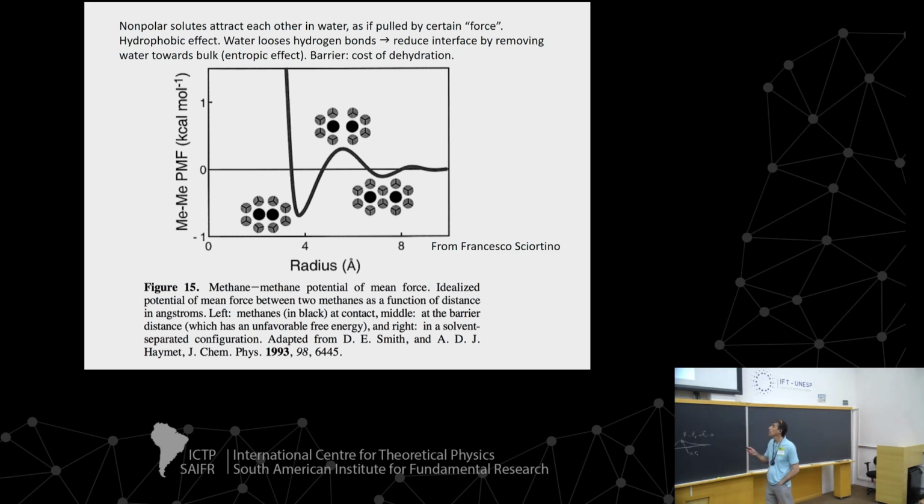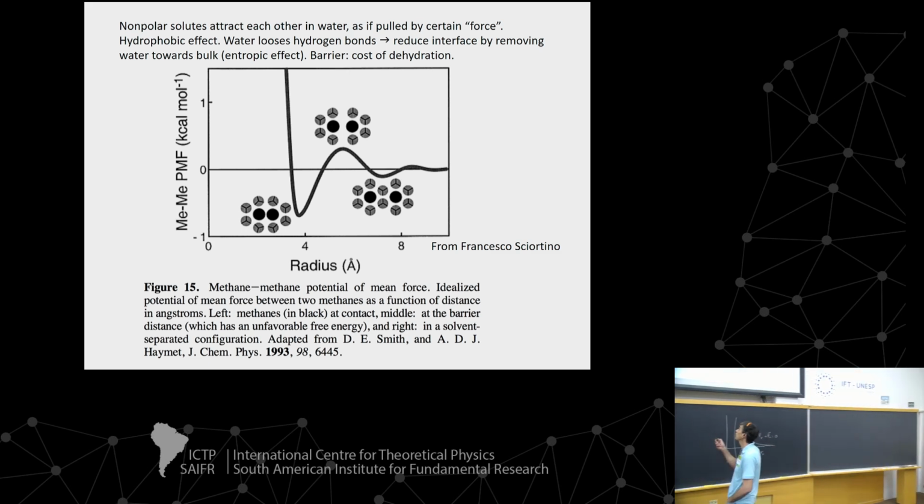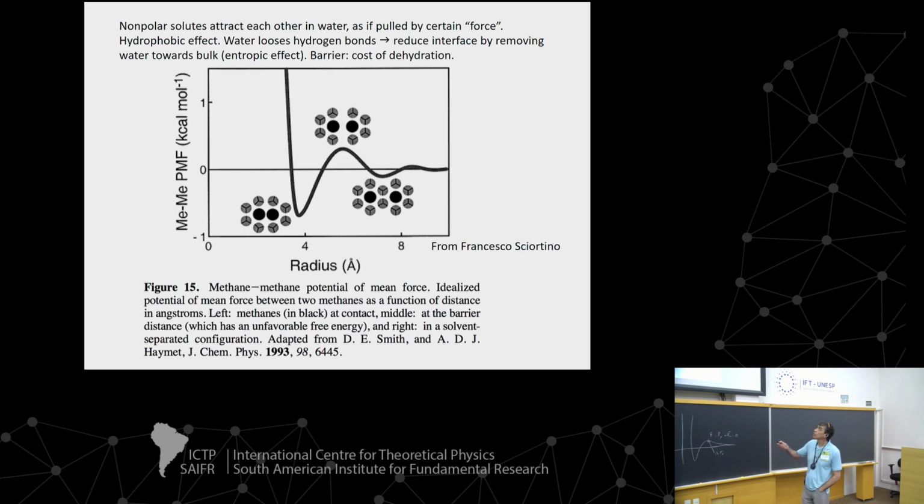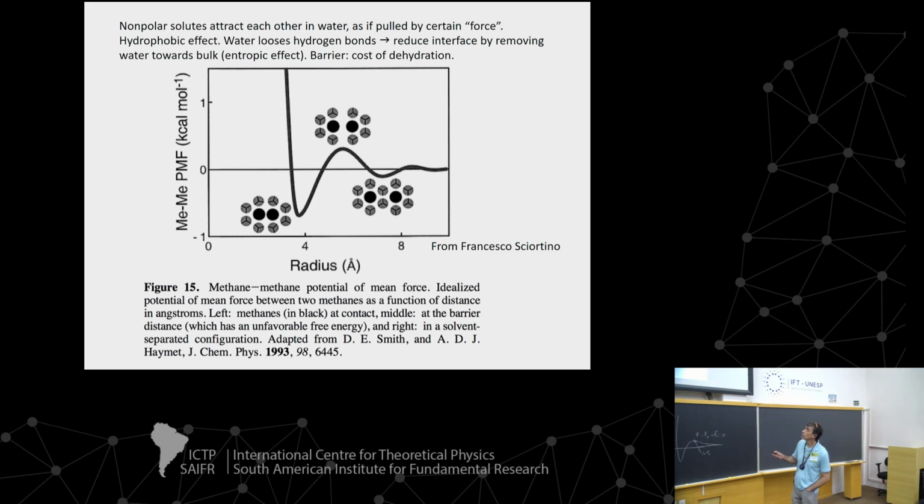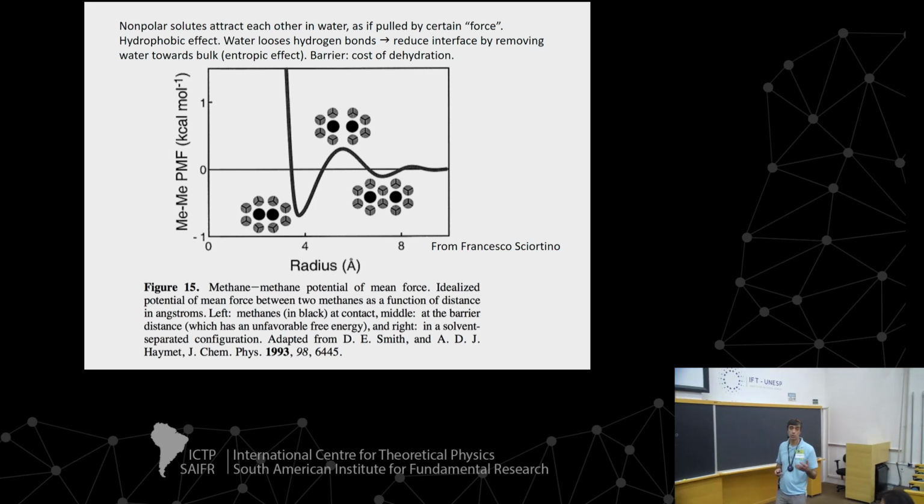These water molecules in contact with the hydrophobe are in an unfavorable position since they are sacrificing one hydrogen bond; they cannot form a hydrogen bond with the solute. But when you look at this potential of mean force calculation, you see that at some point these two small solutes are going to collapse, and they are going to release water to the bulk.